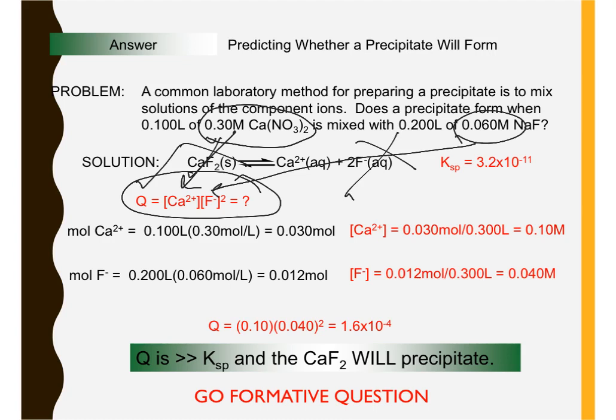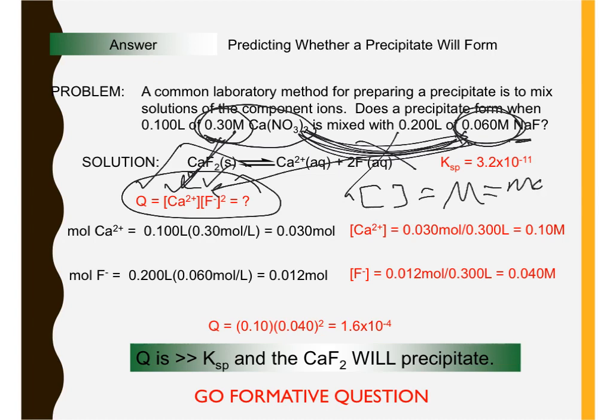So even though our calcium nitrate started at 0.3 molar and our sodium fluoride started at 0.06 molar, once we mix these two together, we have increased the volume for both of them, and they're both going to get diluted. So we need to figure out the concentrations of the mixed together solution. Remember, the concentration is molarity, and molarity is moles per liter.